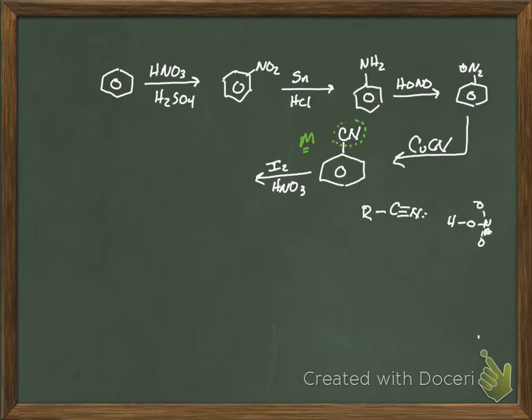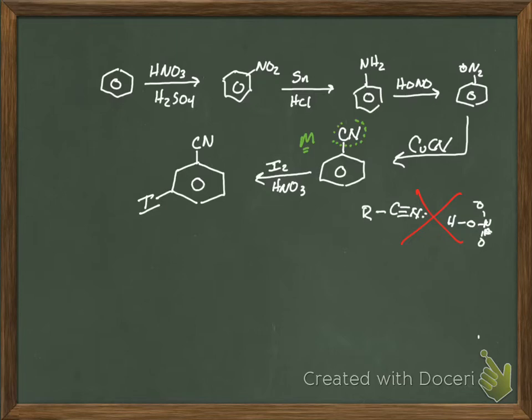So you don't have to worry about it picking up a proton and suddenly becoming a confusing meta-director. Instead, it's going to behave itself, and you're going to get your iodine here. Either meta position is fine.